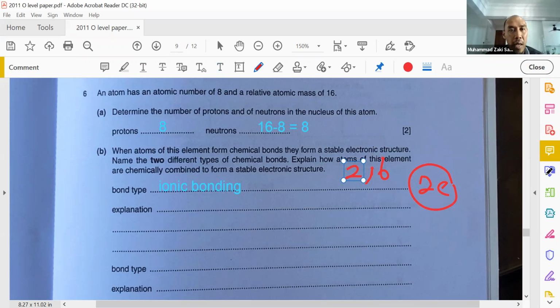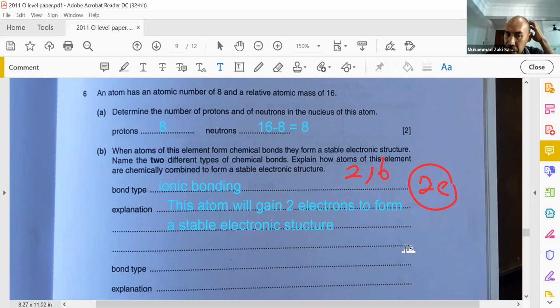So you need to answer this remembering that ionic bonding is transfer of electrons, while covalent bonding will be sharing electrons. So please write it down. This atom, since it is 2,6, will gain 2 electrons to form a stable electronic structure.